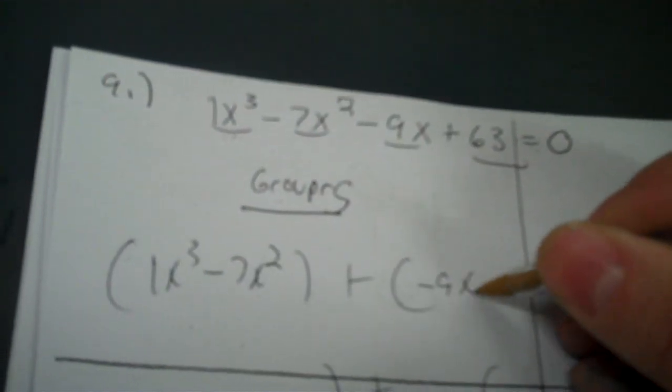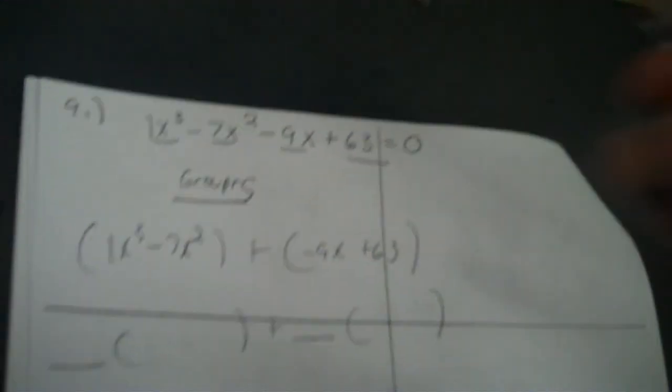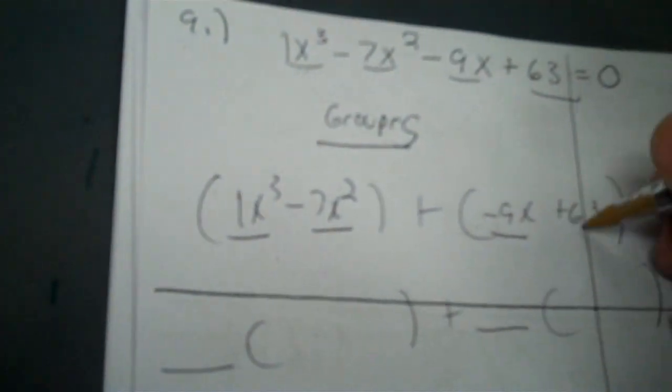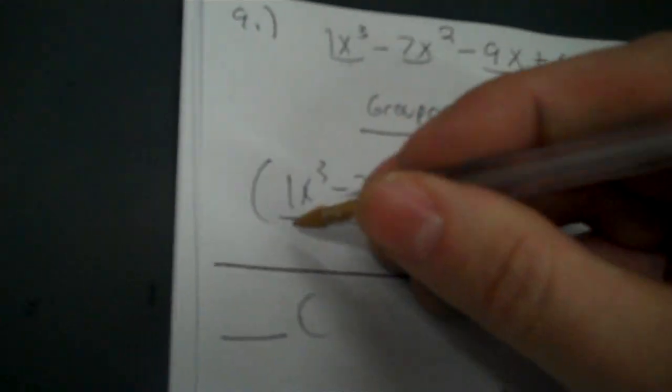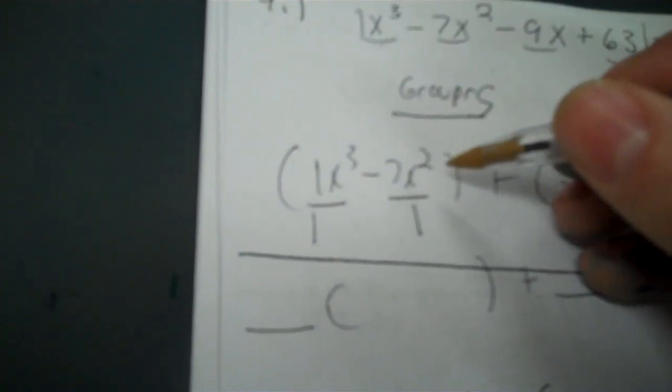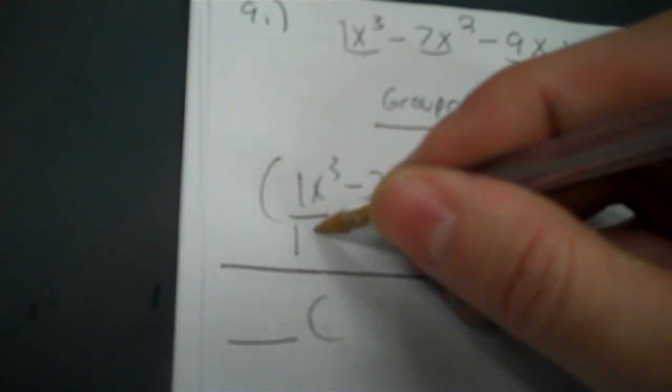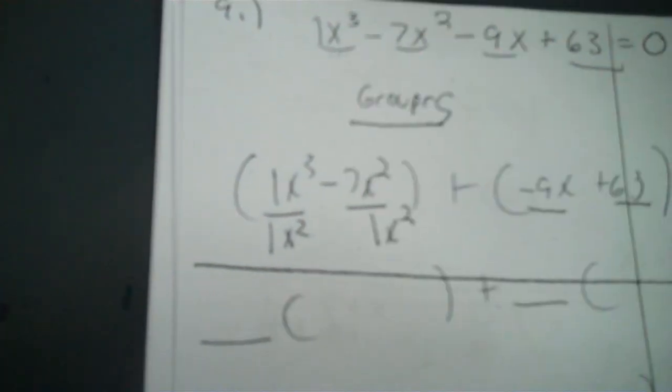Okay, so first I take the 1x cubed, put it with the minus 7x squared, then negative 9x plus 63. Okay, 1 and 7 would be 1, but they both have, but the final line has x squared, so we're going to put x squared. 9 and 63, if you use your multiplication table, you see 9 and 63 both in the 9th row.